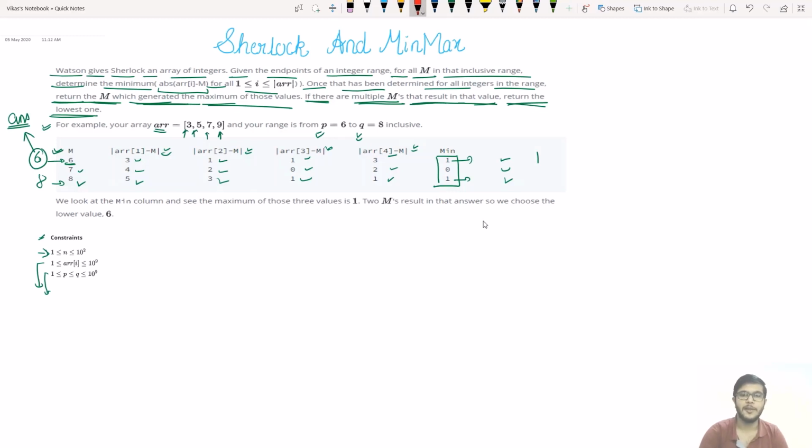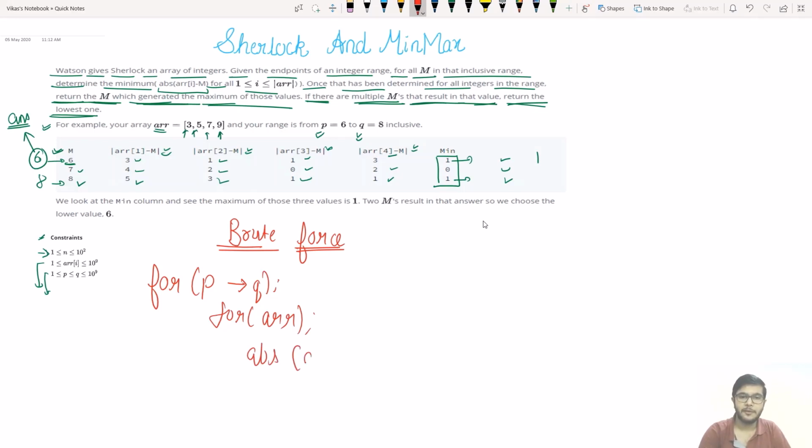The first basic approach that crosses our mind is the brute force approach. So what are we going to do in the brute force approach? We are going to take a for loop from P to Q, and another for loop for the array, and calculate the absolute difference between array of i and m.